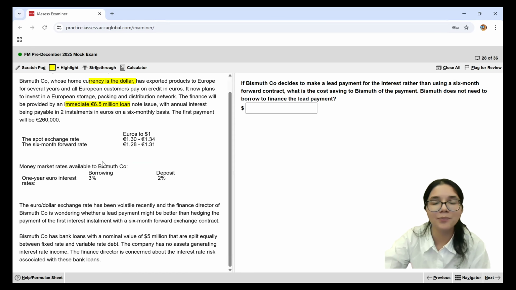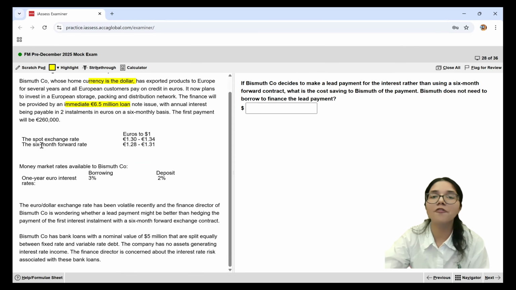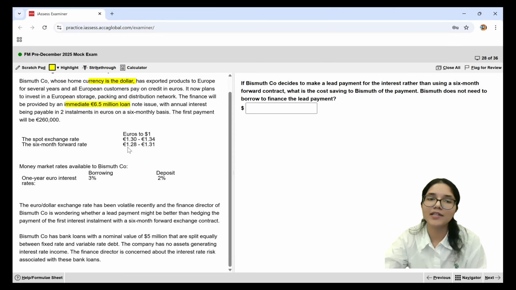What exactly is a lead payment, guys? It is when I make the payment earlier than I should be making it. So rather than waiting 6 months to pay these 260,000 euros, I am going to get the conversion done today itself. That is why I'm calling it a lead payment.